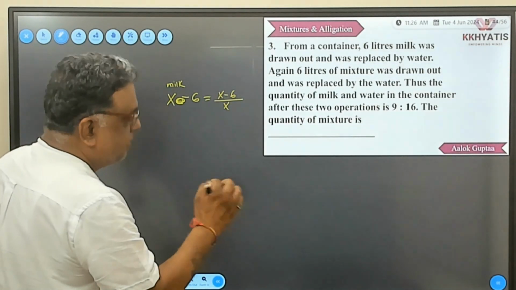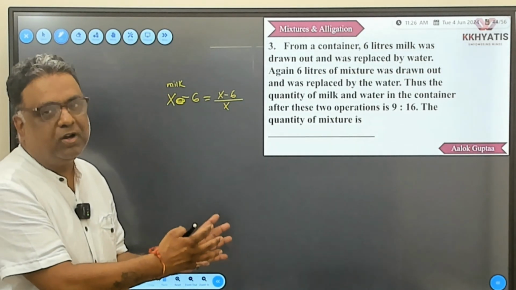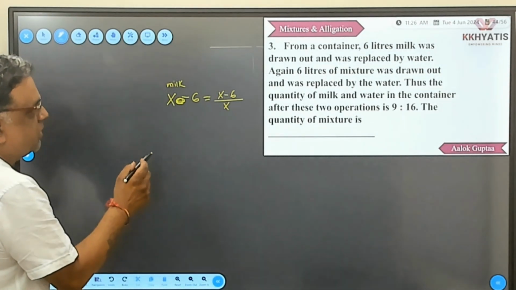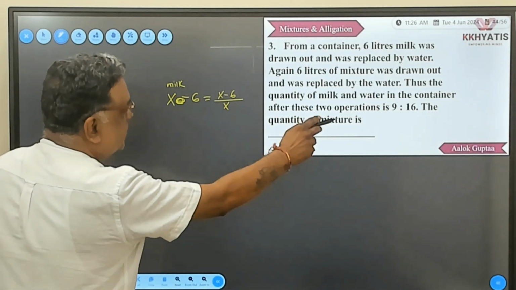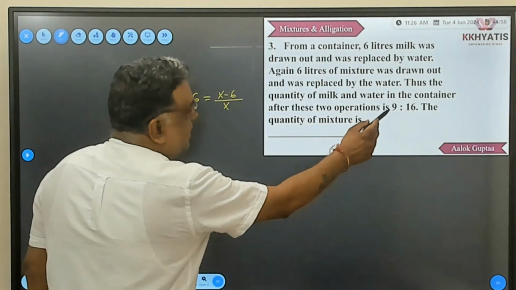And now I'm withdrawing the milk, so I will be putting the entire reduction formula on milk. The quantity of milk and water in the container after these two operations: the final quantity of milk was 9 and total is 9 plus 16.